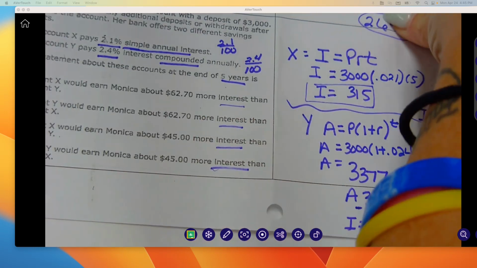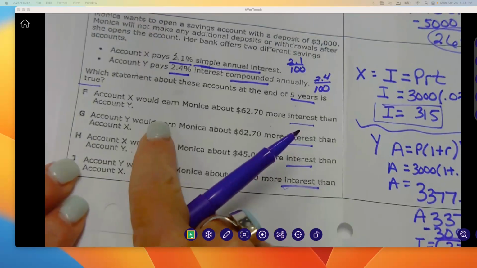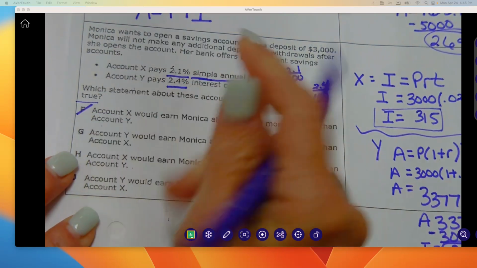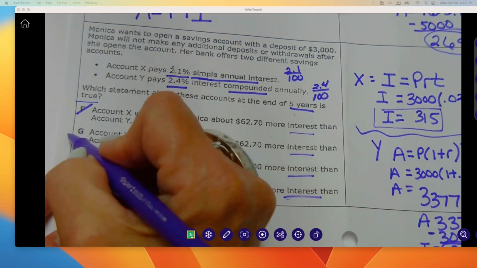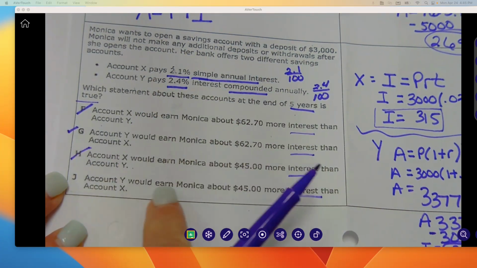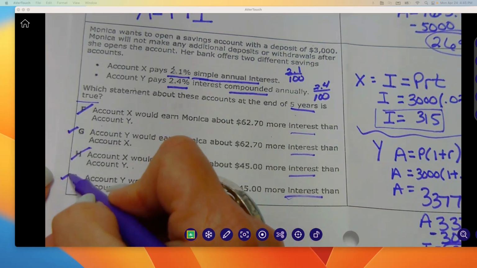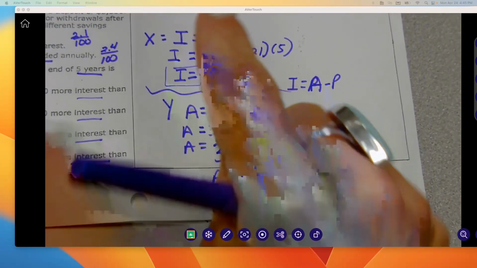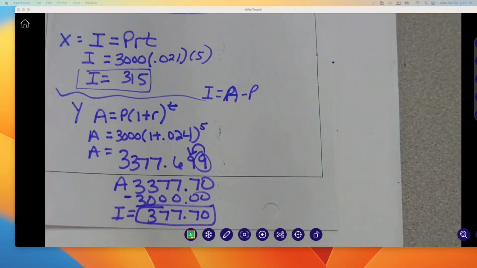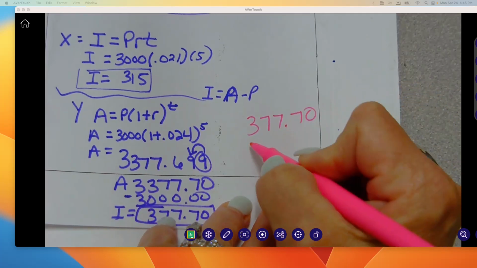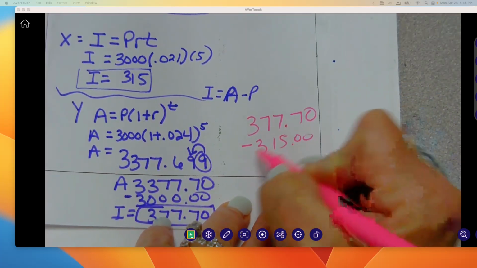So looking at the answer choices, it says account X would earn more interest. No. Y would earn more. Yes. X would earn more interest. No. Y would earn more interest. Yes. Okay. We have to know how much more. So if we need to know how much more, we're going to take these two and subtract. So the last step is you're going to take $377.70 minus $315.